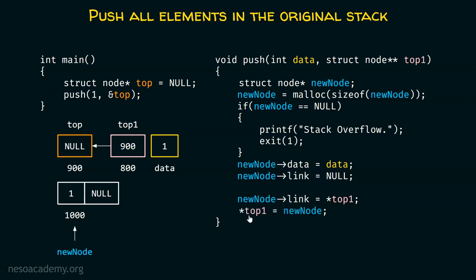After this, we have star top 1 equal to new node. We know star top 1 means go to this location 900 and access the location. And here we are trying to put new node inside this location, which means we are trying to put this address in this location. Therefore, null will get replaced by the address 1000. You can see the changes are made to this top pointer, right?